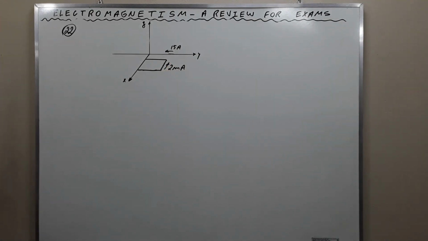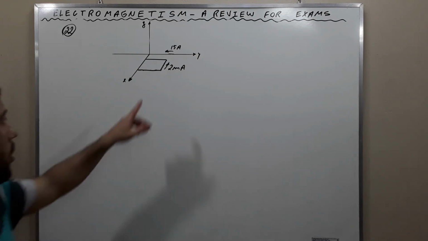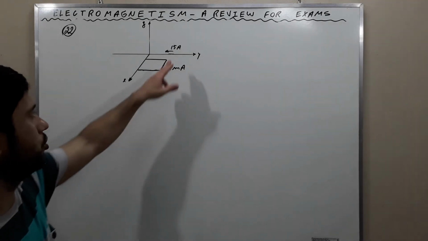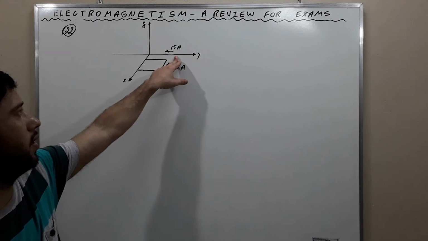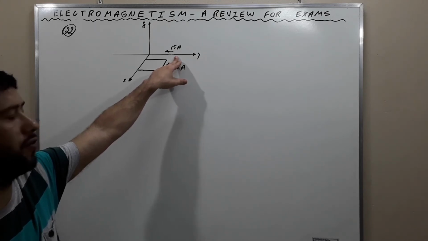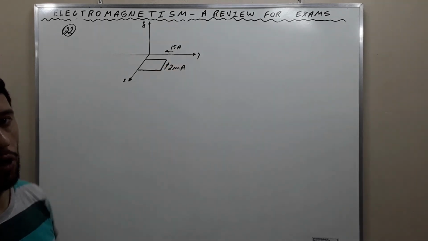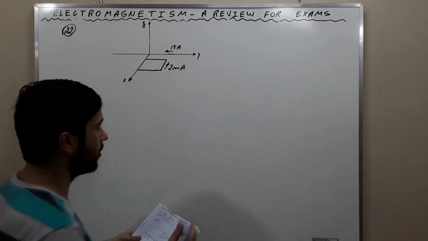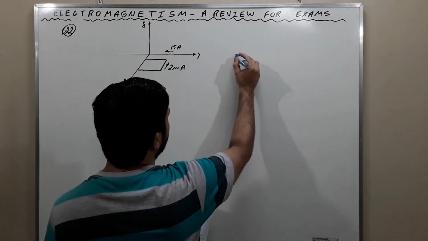Alright? And we want to calculate the force on this square loop of wire here due to the field created by this current here, 15 amps in the negative y direction.